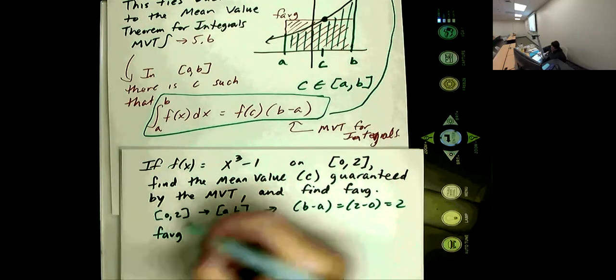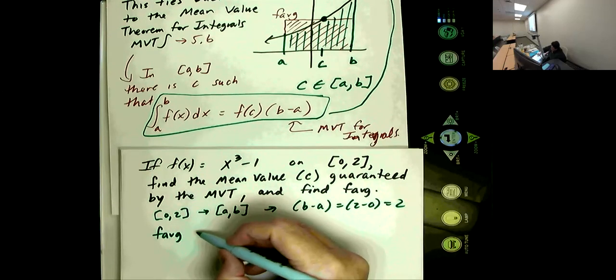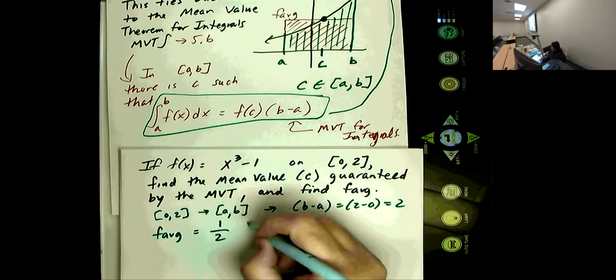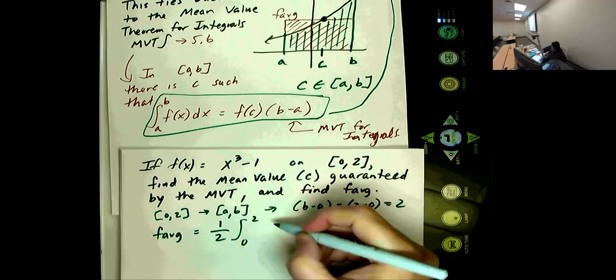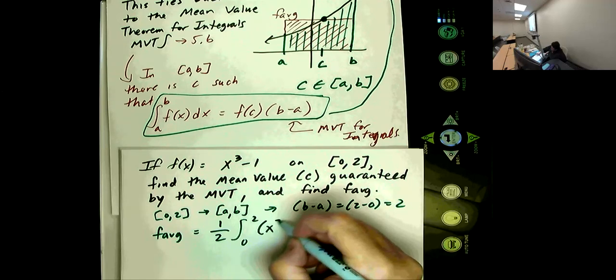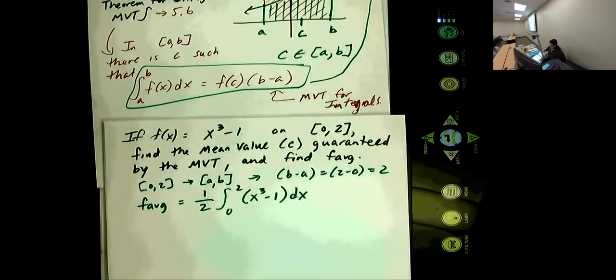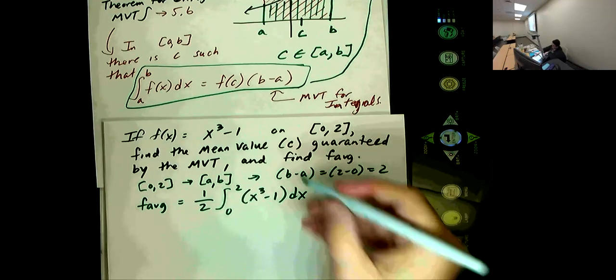So f average will be 1/2 from 0 to 2, x cubed minus 1 dx. Which is your f of C.